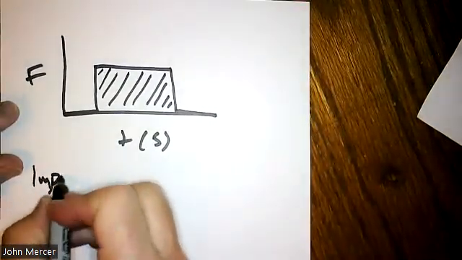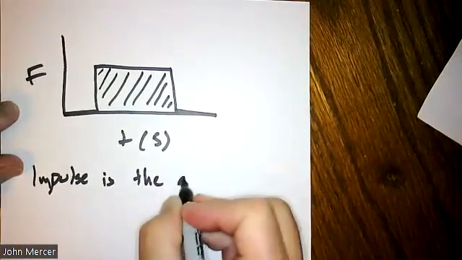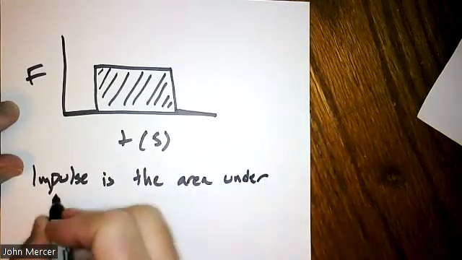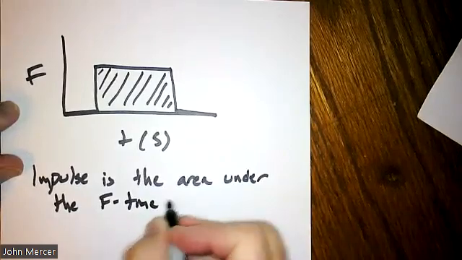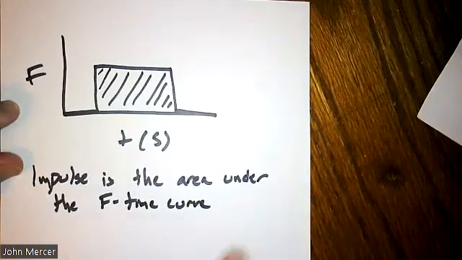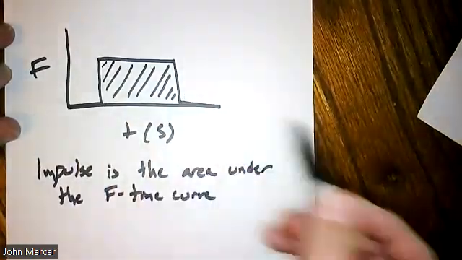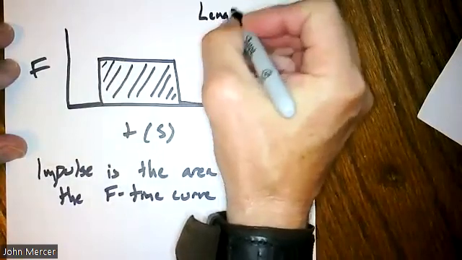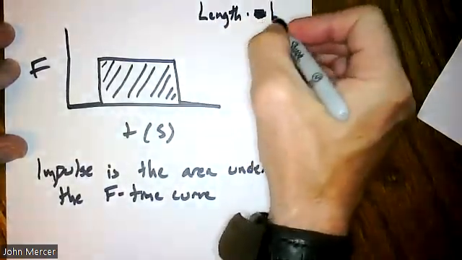Impulse is the area under the force time curve. Okay, how do we get that? Well, how do we calculate area of, in this case, a rectangle? Well, area is length times height.